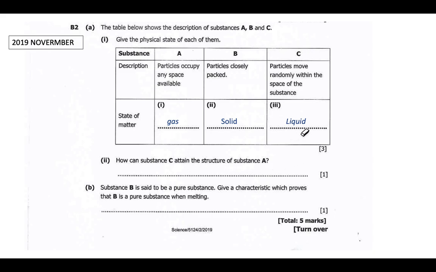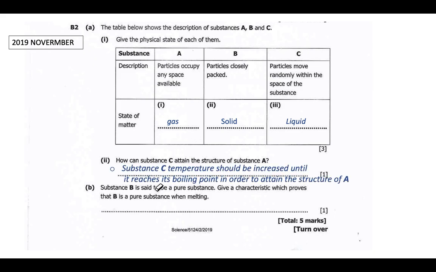You apply heat to this substance. When you apply heat, this substance will lose density and vaporize into a gas. Therefore we can state for substance C, temperature should be increased until it reaches its boiling point in order to obtain the structure of A. So that's what you should do.